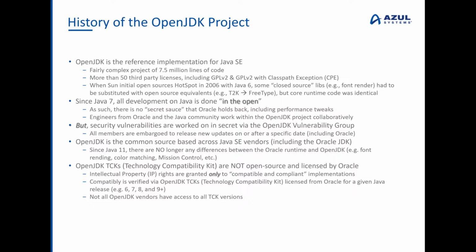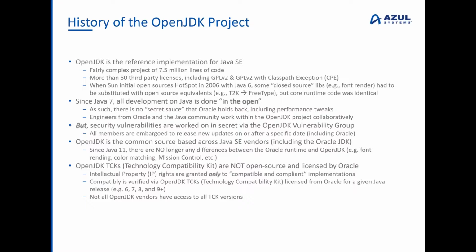So there's a TCK for Java 6, for 7, for 8, and then for 9+. And there are many OpenJDK vendors that don't have access to TCKs for all versions of Java. We're going to talk about that as an ISV that may need to certify in multiple versions of Java. And when you look at vendors, it's going to be important to understand: do they have the TCK, the compatibility kits, for all versions of Java that you're interested in?